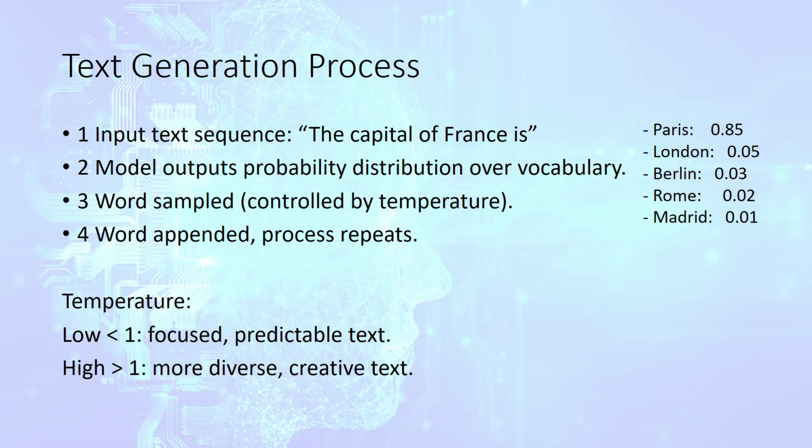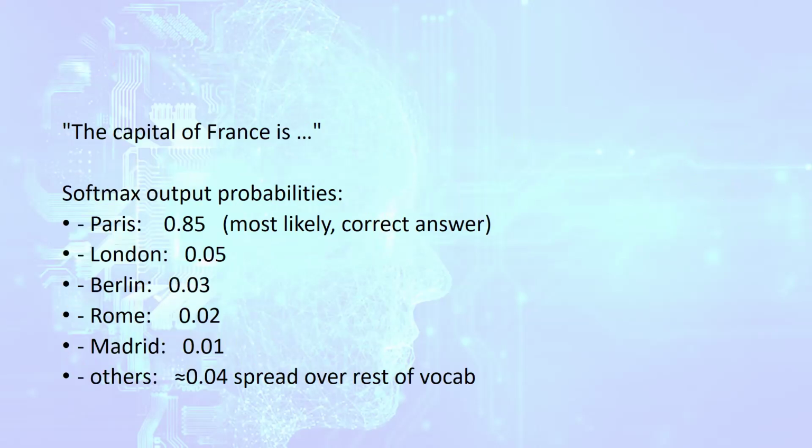But when the temperature is high, possibilities for other words to be included in the answer are given. So once we have generated the next word, we go again to the first step. We again predict the next word after the sentence with one more word, etc. So in this cyclic manner, the large language model generates text.